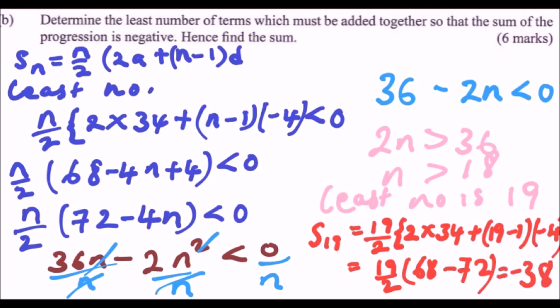So that is the sum of the first 19 terms of the arithmetic progression, and there you get 6 marks.